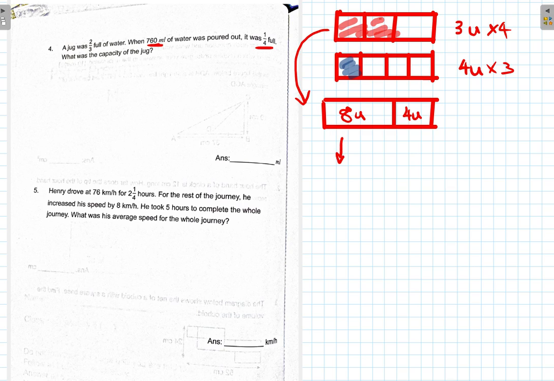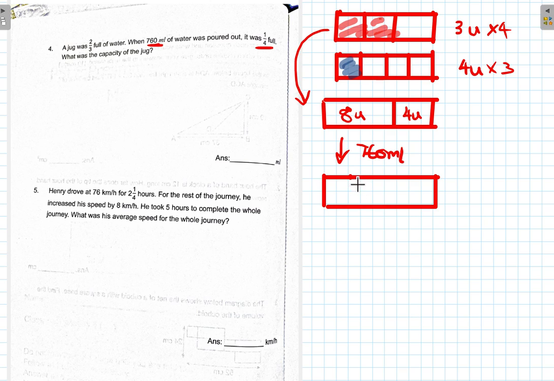And then here you know that I've poured out 760 ml. And I will have a new one, this tank is the same, right? But this time it is only 1/4 of it. So here I times 3, right? So total is also 12. Then here is 1 unit times 3.